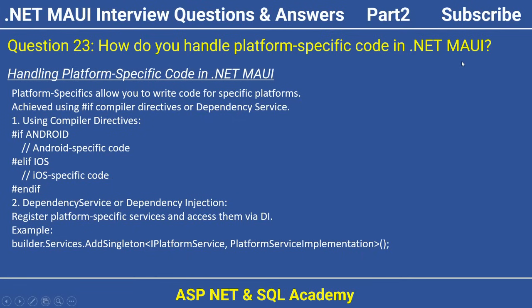Second, you can use dependency injection and dependency service to register platform-specific services and access them in shared code. This allows you to write clean platform-independent code while still supporting platform-specific functionality when needed.